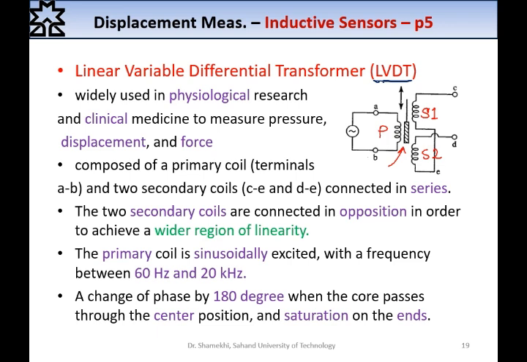And if this core is close to only S1, the output voltage of S1 will be higher than S2, then the output voltage will have a similar polarity and phase to voltage P. And if the core is close to S2, the output voltage of S2 will be higher than S1.